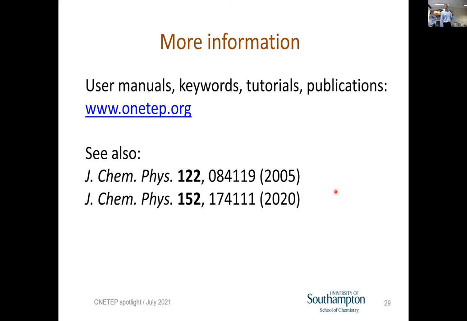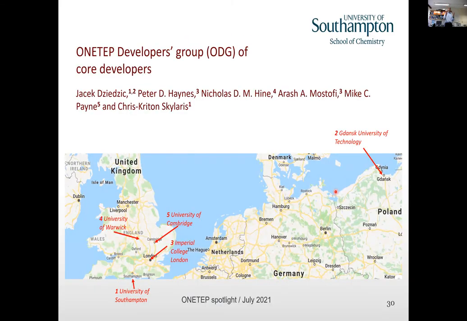There's also a mailing list you can join, and you can ask myself and Jacek and Arihant, but also the rest of the ONETEP core developers. This is the ONETEP developer group that you can see here. You are welcome to contact us if you would like to start with the code, or if you have any questions about the code.